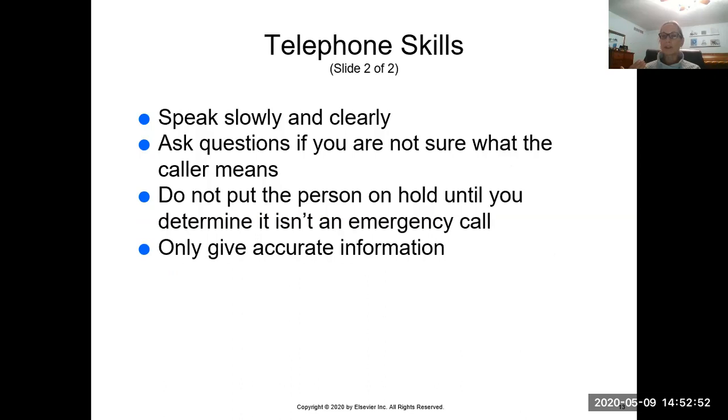If it's an older person and you talk too quickly, they're not going to be able to catch what you're saying. Somebody may be stressed out, and if you're being real short with them, that may not go over well. Ask questions if you're not sure what the caller means. Do not put the person on hold until you determine if it is an emergency or not, and only give accurate information.